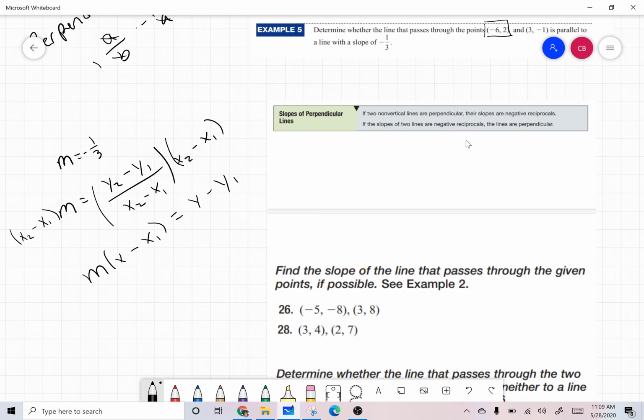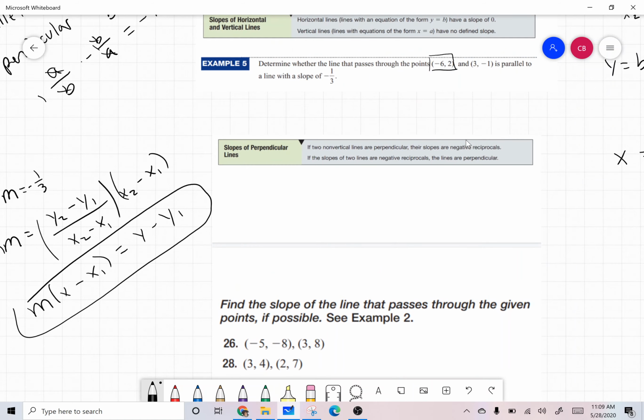I've dropped the 2 subscript, but this is how you normally see the point slope formula, and this is the one we're going to be using right now. So we have negative 1/3 times x minus x1. Let's use 2. We're using negative 6 is equal to y minus 2.